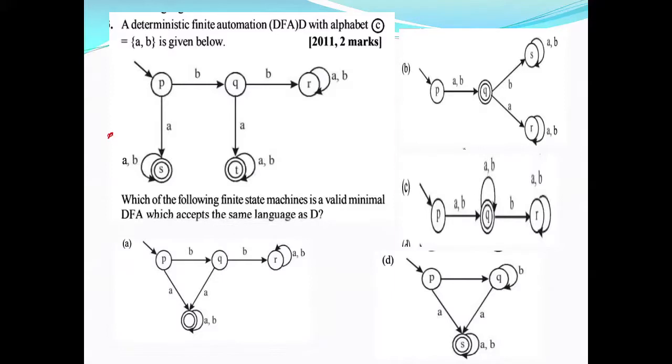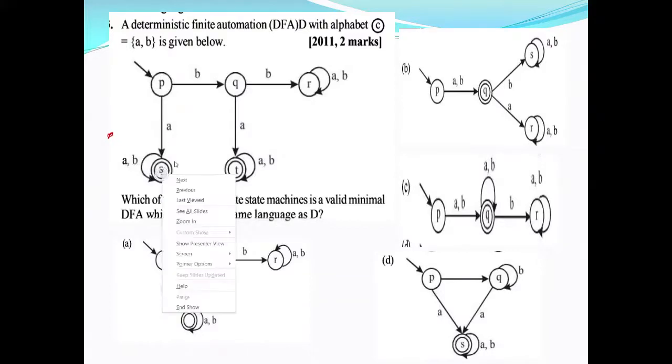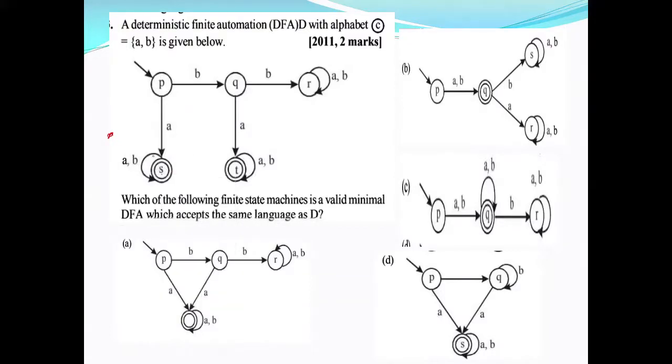Most of the time you can observe and you get it. Now, if I look at S and T, P on A is coming to S and S on A, B is the same.